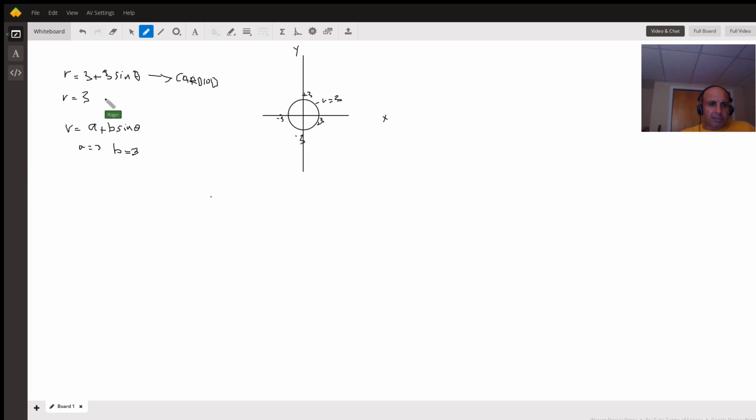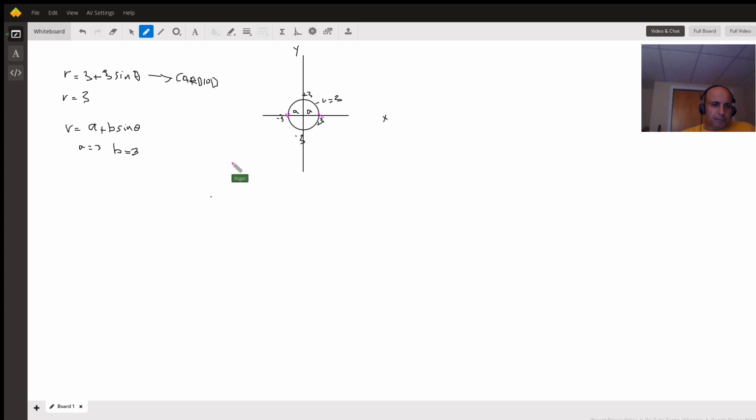So this tells me immediately that this cardioid has limits of a value of 3 units. Therefore, it passes through this point, and also it passes through this point.